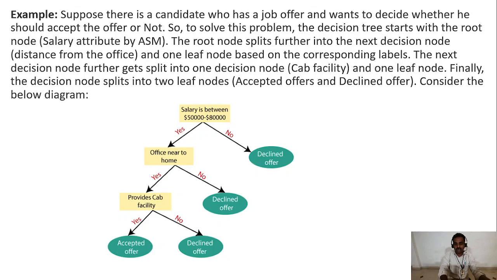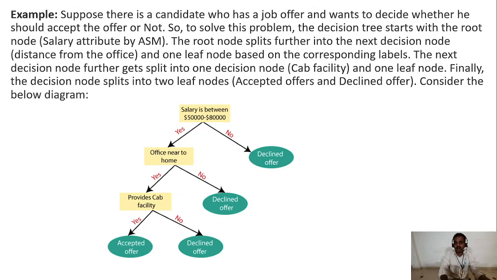The root node can be split further into the next decision node, distance from the office, and one leaf node based on the corresponding labels. The next decision node can be split further. First you have to check the condition. For example, if salary is in between 50,000 and 80,000.